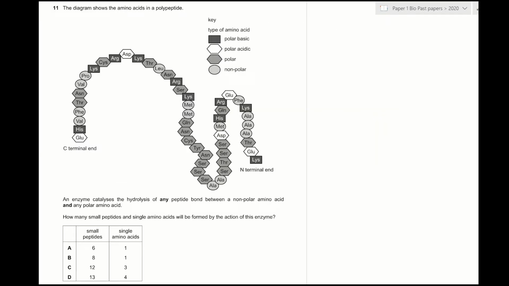Question number 11. The diagram shows the amino acids in a polypeptide. An enzyme catalyzes the hydrolysis of any peptide bond between a non-polar amino acid and any polar amino acid. So here we have all the polar ones, and these are the only non-polar ones. How many small peptides and single amino acids will be formed by the action of this enzyme? Now we must look for amino acids attached to polar and non-polar at the same time.